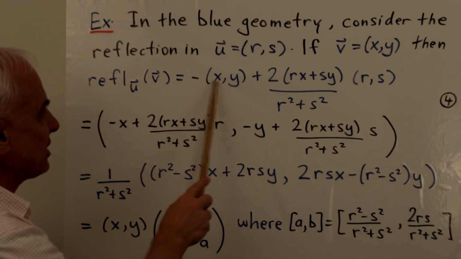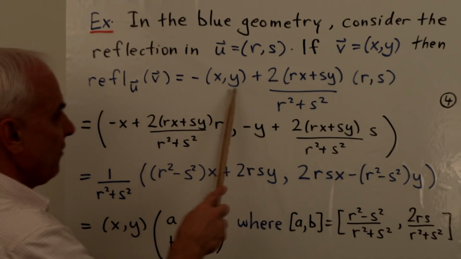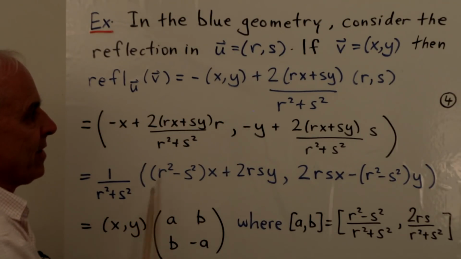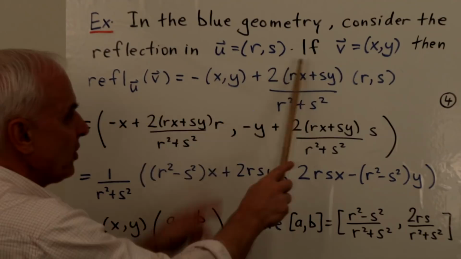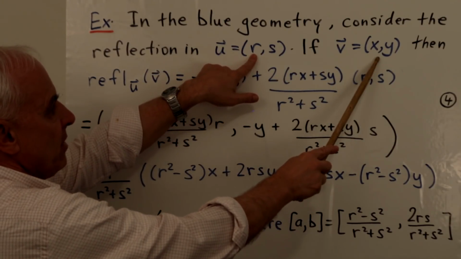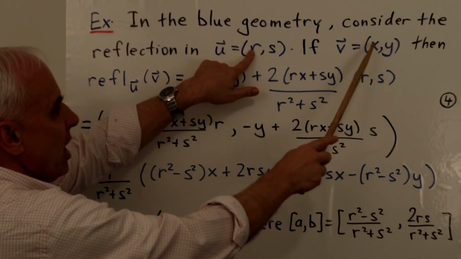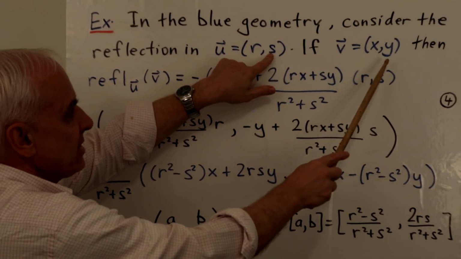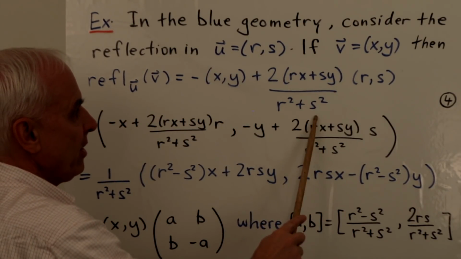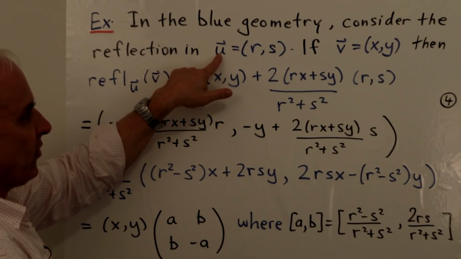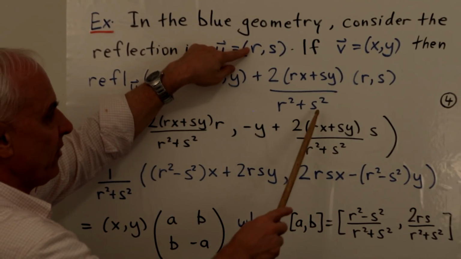It's minus v, plus some multiple of u, that's u there, and here is 2 times the dot product of u and v. Well, the dot product is r times x plus s times y. There's the dot product. Divided by the dot product of u with itself, which is r squared plus s squared.